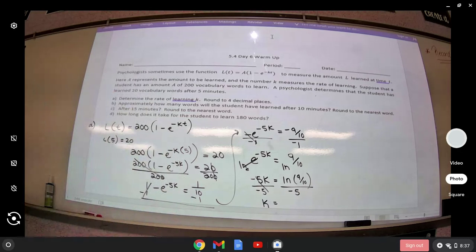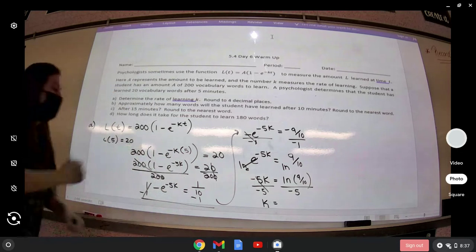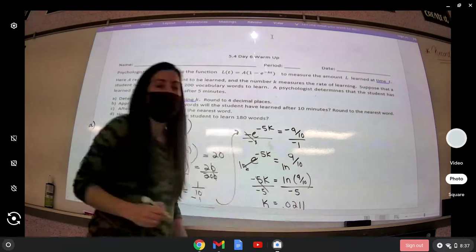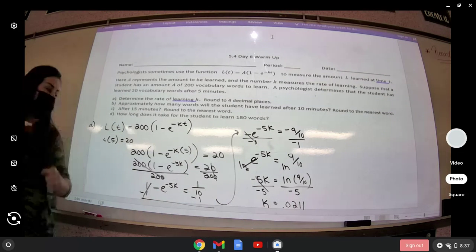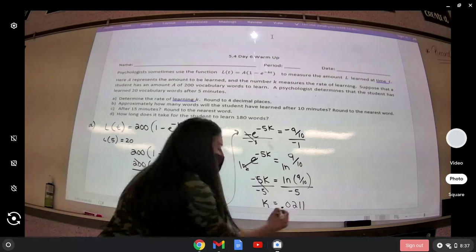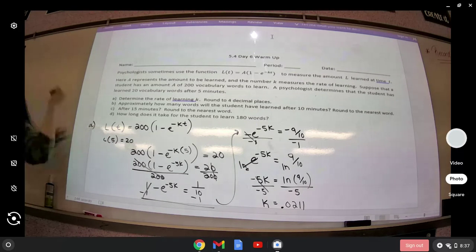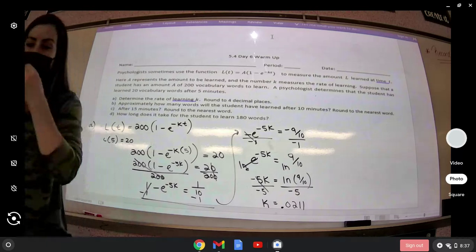All right, if you do that, you should find out that k is about 0.0211. When you round that to 4 decimal places, it's about 0.0211. And hopefully you're double checking that on your calculator to make sure you're typing things in correctly.